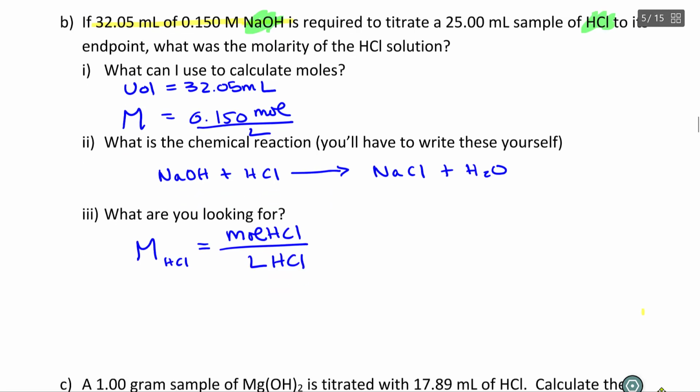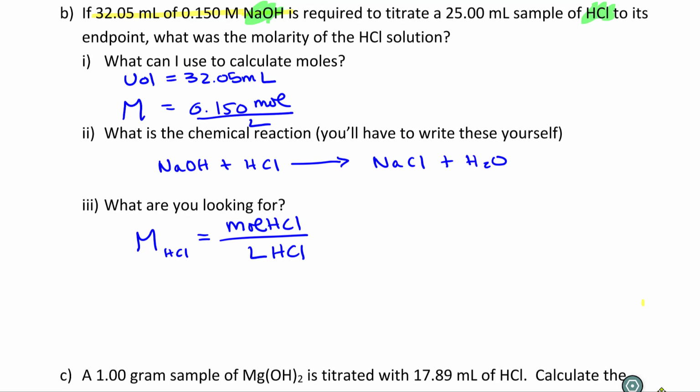So now we can do this problem. To begin with, I'm looking for moles of NaOH, so I have 32.05 mLs.